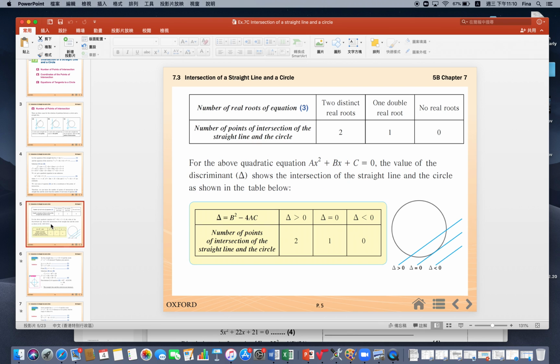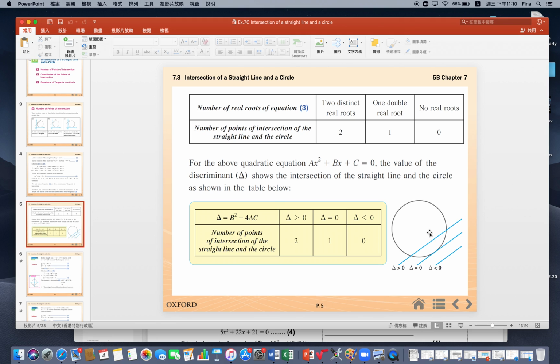Let's look at this slide. This is the 5th slide, and you can get the summary about the situation of a straight line and a circle, I mean, how they intersect. For a straight line and a circle, we only have 3 cases.